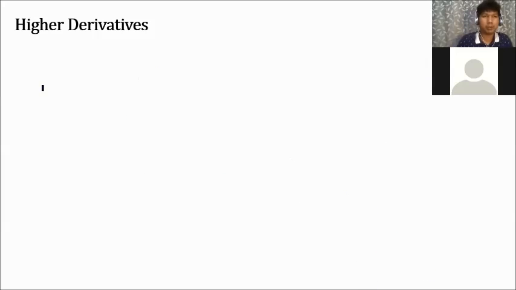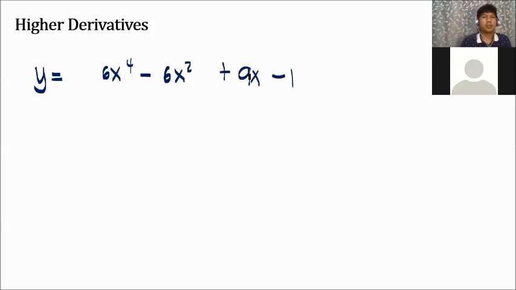For example, our y is equal to 6x raised to 4 minus 6x squared plus 9x minus 1. So this is our given function y. So let us find the derivative until it gets 0. So let us try to find that.